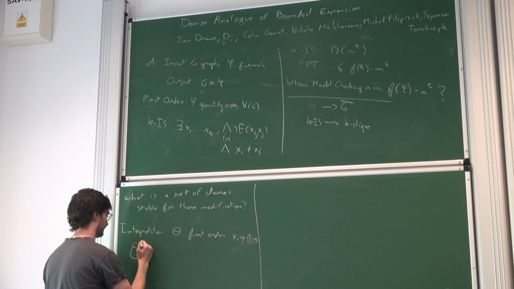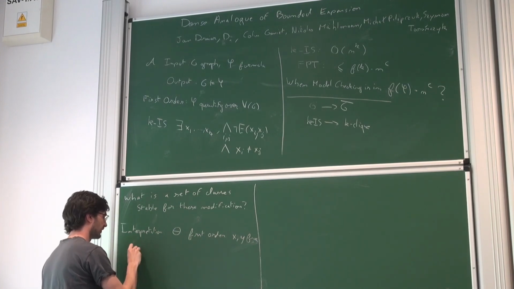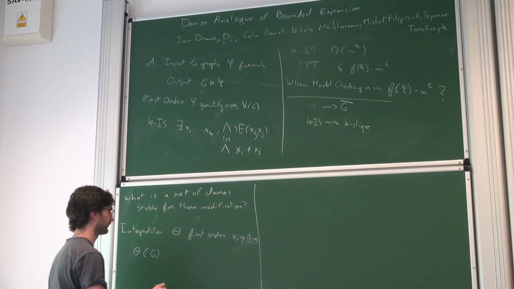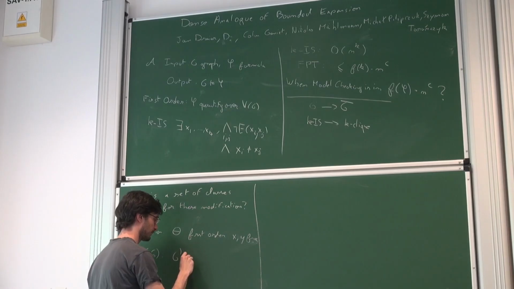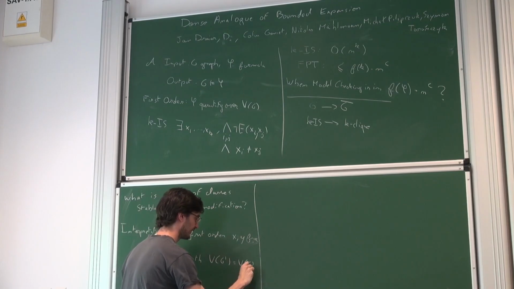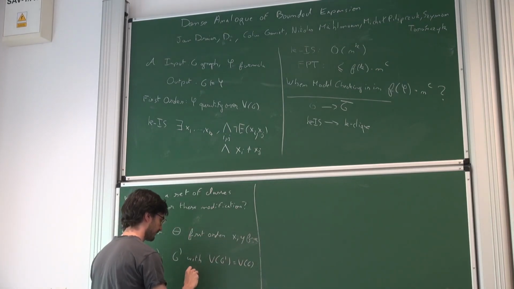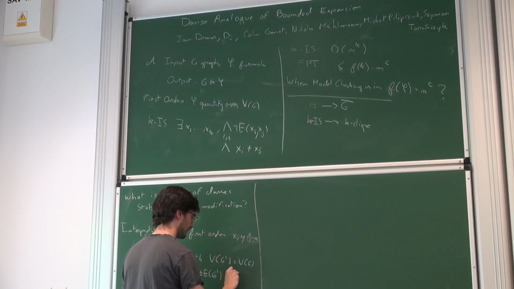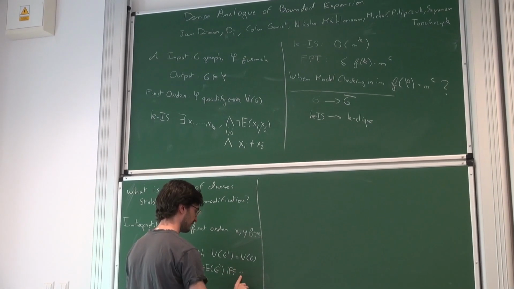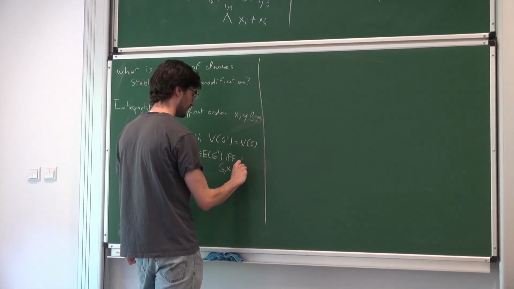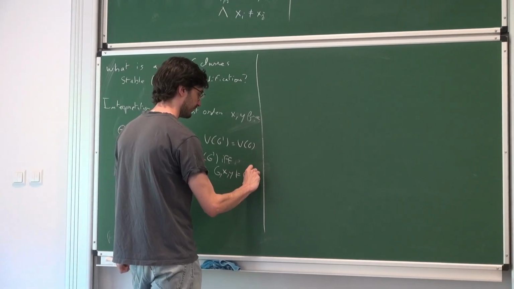On a graph G, we define theta of G as the graph G prime with the same vertex set, so V of G prime is V of G, and xy is in the edges of G prime when G together with x and y satisfies our formula theta.